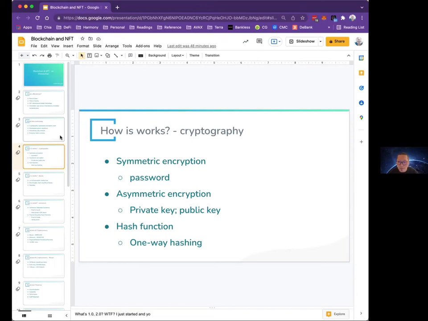And also the hash function. I don't know how many of you have heard of hash functions. A hash function basically takes a series of inputs, and going through the hash function, we get a deterministic output. Most hash functions are one-way, which means from the input you can get the output, but from the output you cannot guess the input, because any tiny change of the input will result in a totally different output.